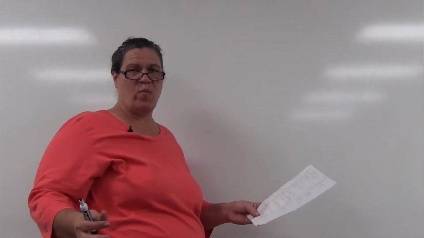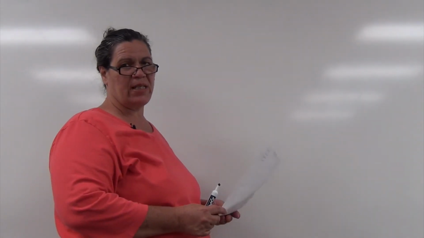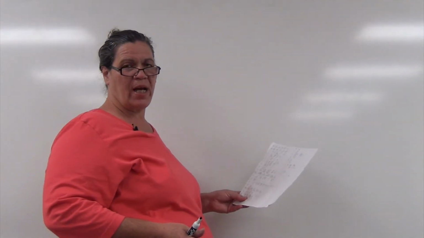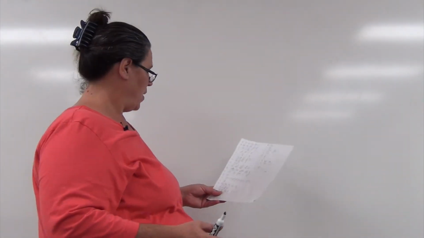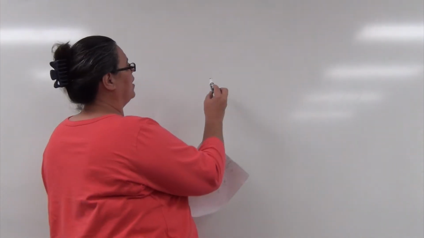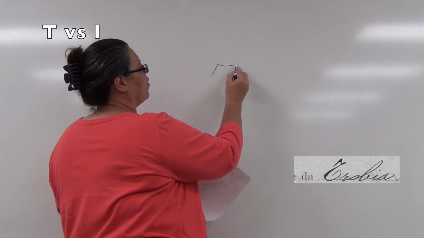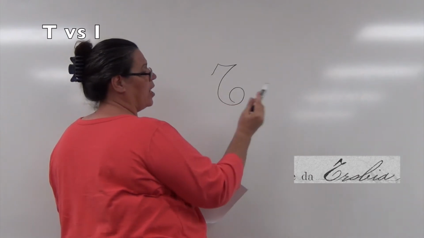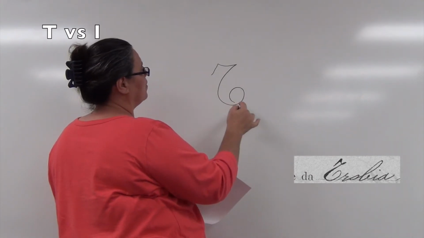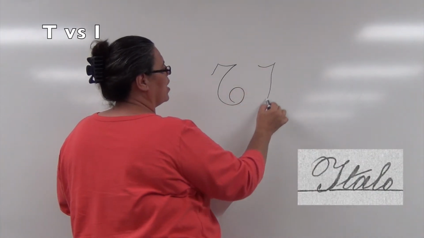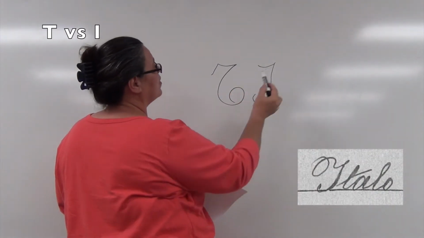All right, we've mentioned the letter T several times because it looks so much like other letters of the alphabet, but I'm going to go over a couple of them again. A T will come up and across, down, and curve to the right. An I will come down and curve to the left.